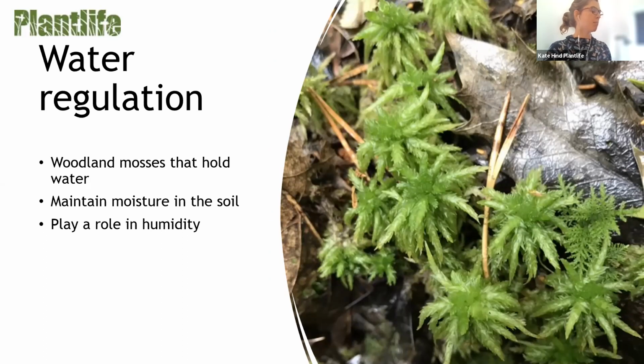They also maintain moisture in the soil. So they act as a bit of a barrier for water transpiring out of the soil, and they keep it locked in. And as I've said before, they do play a role in humidity. So they help keep it moist under the canopy. So some of these other really important species, like the Filmy Fern I showed before, can thrive living under there.